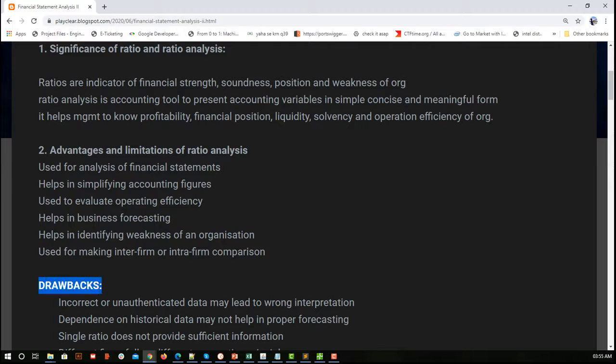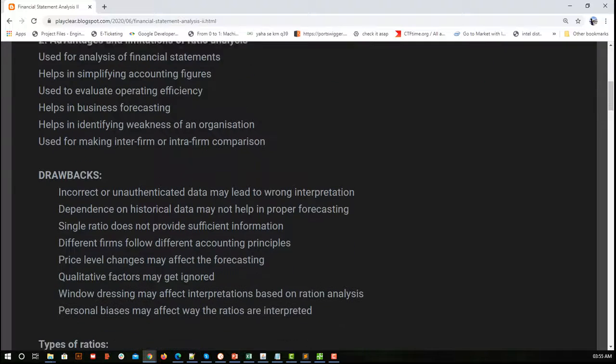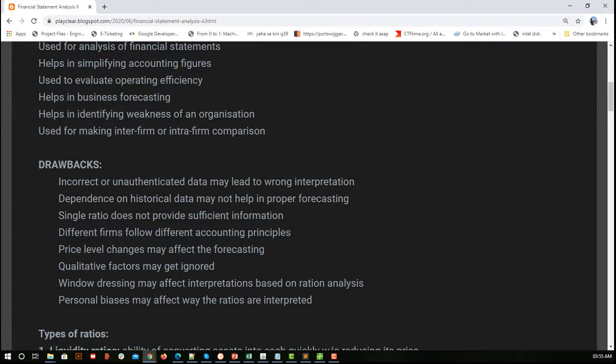Now, drawbacks. Whatever drawbacks ratios have in general come into the picture, plus some more related to finance. One is that if there is a small change in the ratio, the complete interpretation can go wrong.